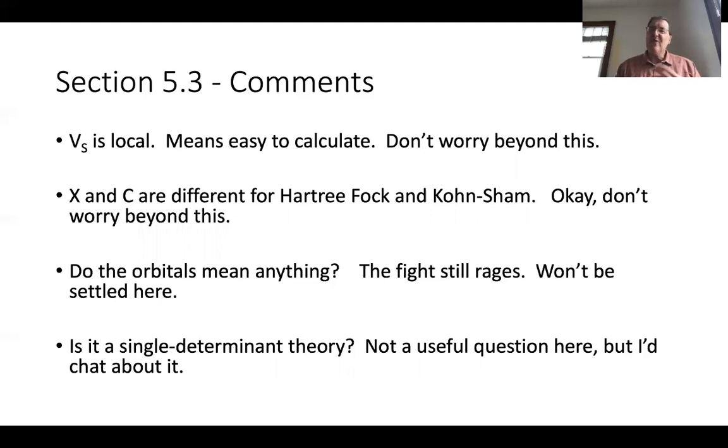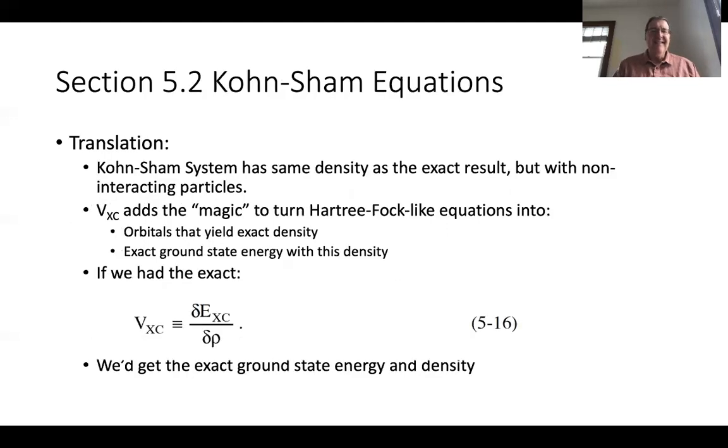Furthermore, since we don't have the exact EXC, we don't have its functional derivative. All we have are approximations. So the key is here that when you do density functional theory, although there is this promise that if you had the exact VXC, the orbitals would yield the exact density and the exact ground state energy with this density, the answer is we never get that because we don't have the exact EXC.